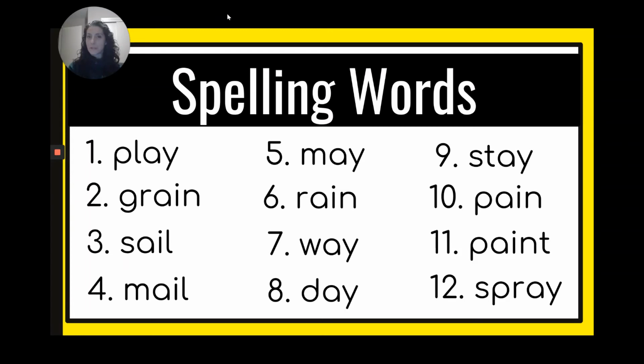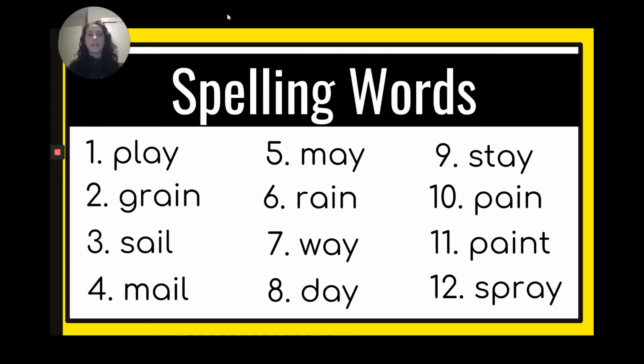Sounds the same, but spelled very different. And that way, W-E-I-G-H means weight. So how much do you weigh? How much do you weigh means what is your weight, right? So those are homophones.